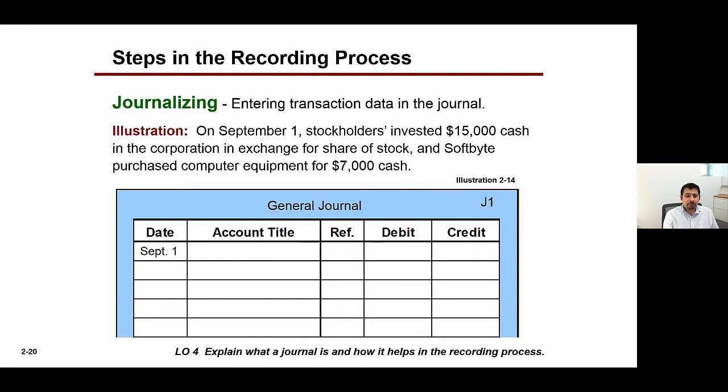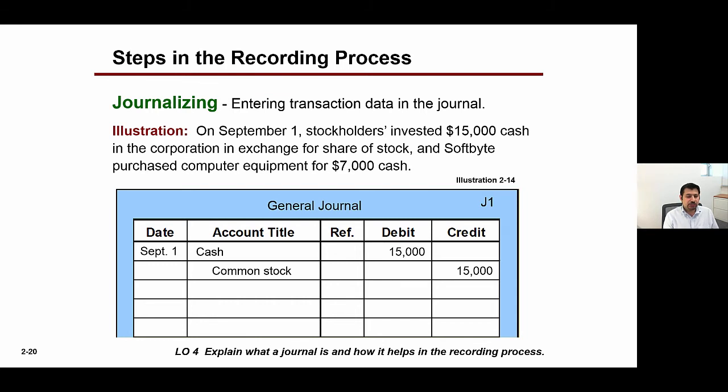Now, the first thing that you enter is, of course, the date. After that, the account that is to be debited, and then the account that is to be credited. In this case, it's cash and common stock. As you remember, cash in this case has increased because of the investment of the shareholders in the company. The company received $15,000 in cash, so the cash account has increased by $15,000.